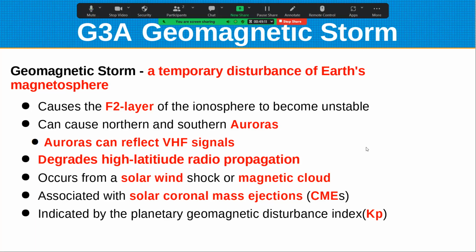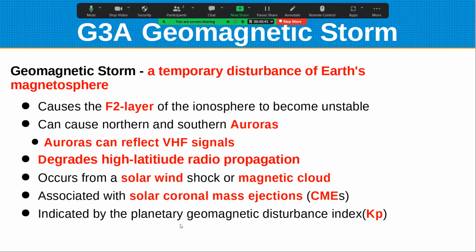Is that the Van Allen belt? Or is that different? That's the radiation belt. What do they call the magnetic field? Magnetosphere. Yeah, magnetosphere. There you go. They're associated with the solar coronal mass ejections, which can cause a SID.